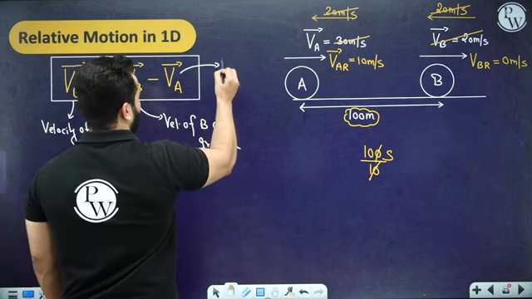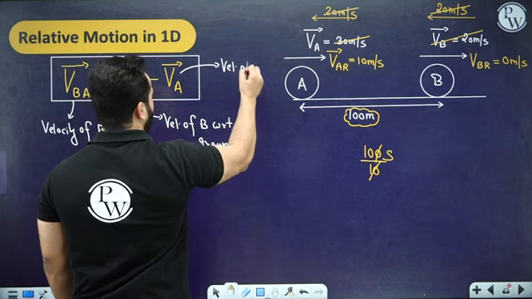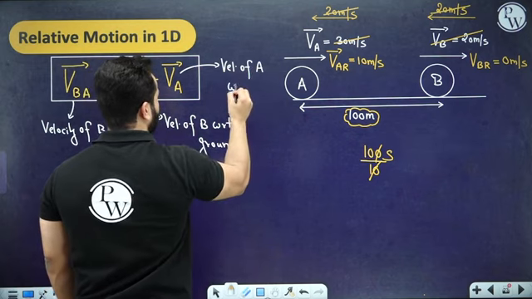And this is velocity of A with respect to ground.